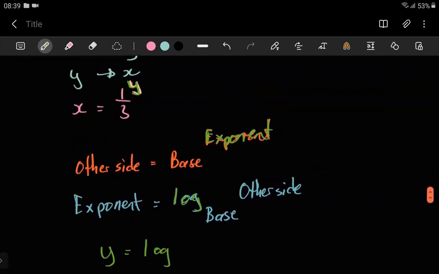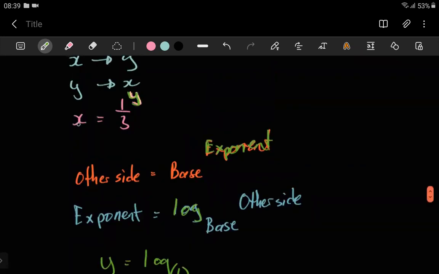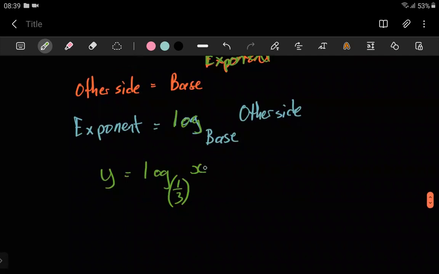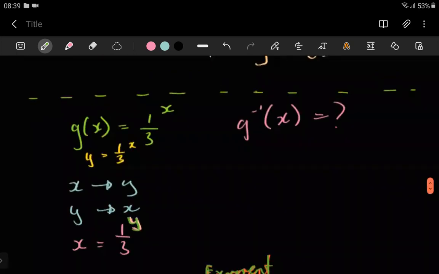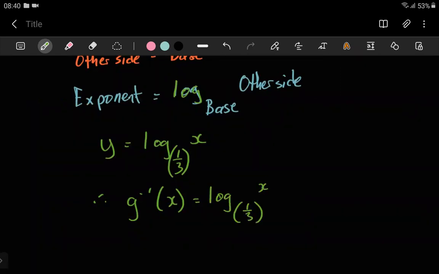Whatever your base was is now the base of the log, and whatever this number was just comes over there. Therefore here you have your inverse function. If they want it in this format, you can write it. If they want it in terms of y, you can just leave it like that up there. So that's logs.